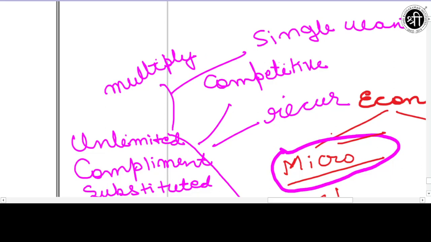Okay, after this is that some wants can be postponed. Some wants are very much required, but some wants can be postponed. You can postpone one want for the other want. As I told you, this point is similar to the point of competitiveness. If one want and the other want occur at the same place, then you can postpone one want for the other want.